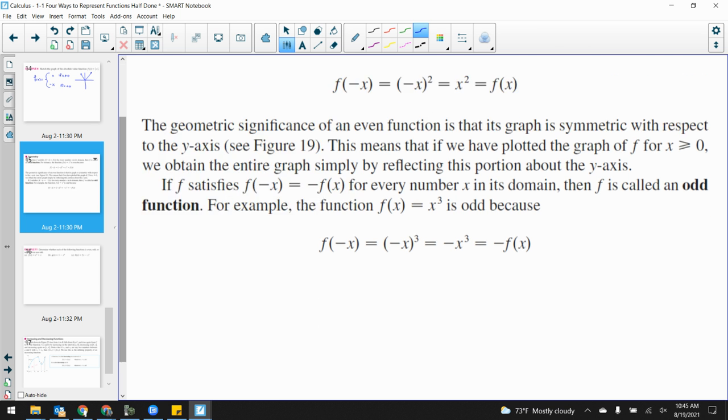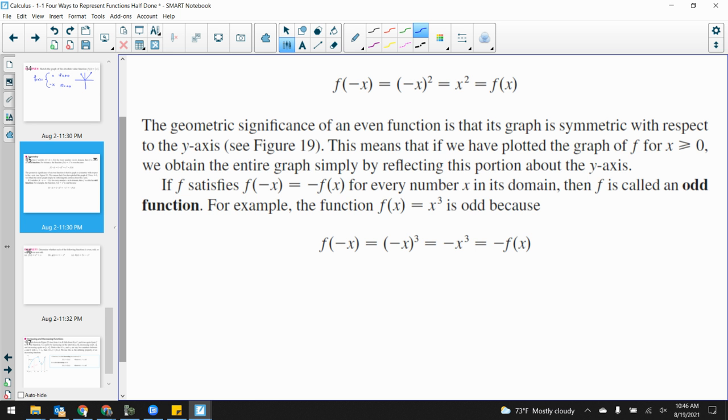Odd functions. If it satisfies this rule, f of -x is equal to -f of x. If we plug in a negative and we can remove that negative and put it out in front, then it's odd. F of -x ends up being -f of x, then it's odd. Visually, x to the third is odd, because it almost rotates around the origin. You can reflect over x and y.